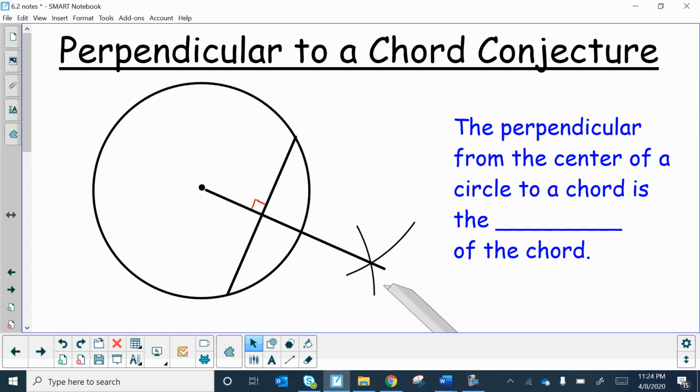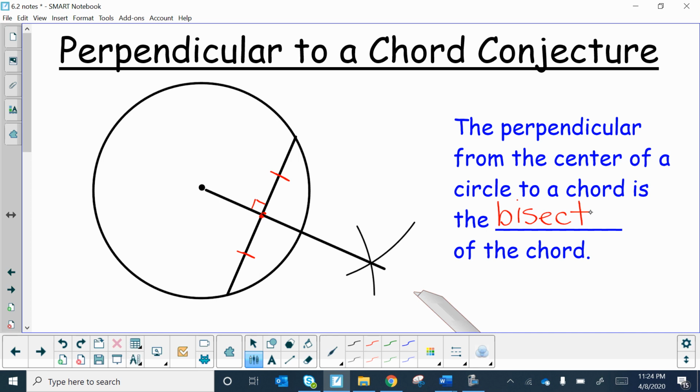Okay, so that means this side right here is congruent to that side right there, which makes this point right here a midpoint. Okay, and so when it's a midpoint, that means it bisects. The chord is the bisector of the chord. So the perpendicular from the center of the circle to a chord is the bisector of the chord.